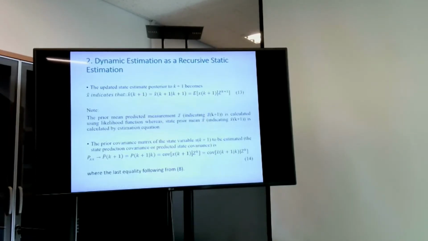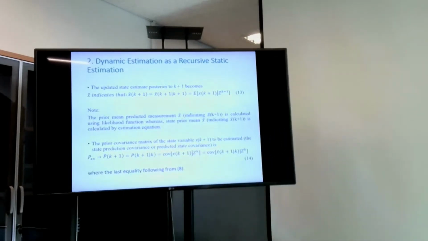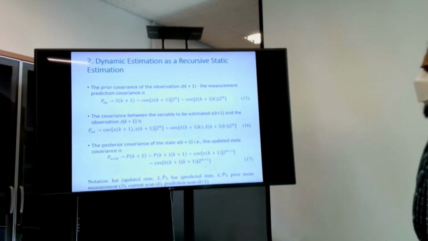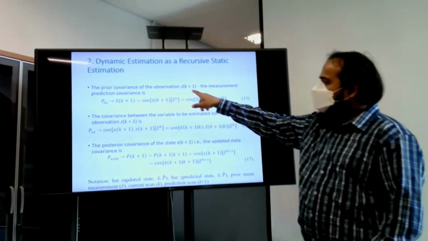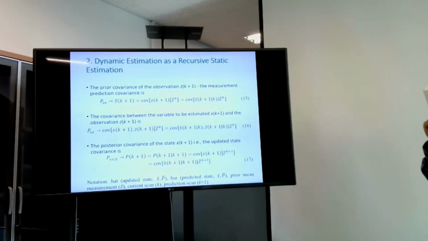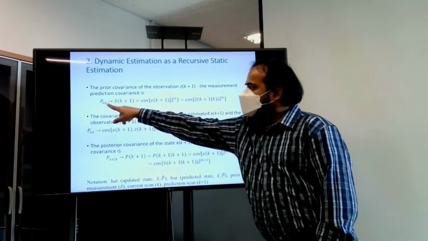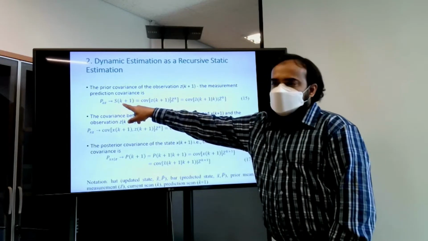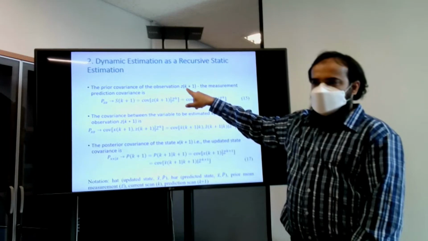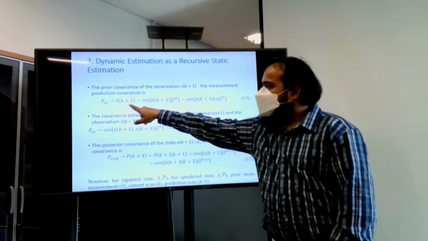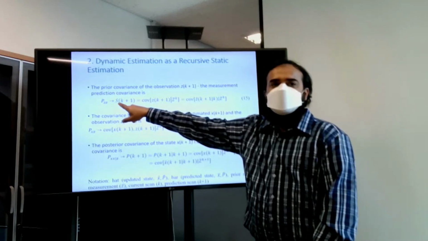Okay, so Px is the predicted covariance. Pzz is the predicted covariance of the observation z k plus 1, the measurement predicted covariance. The Pzz is the predicted covariance of the z, which we denote in the algorithm with the help of s.